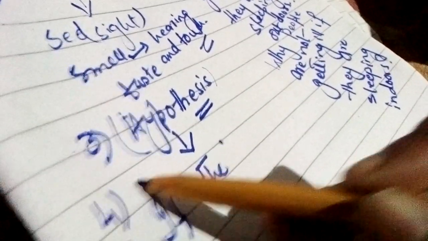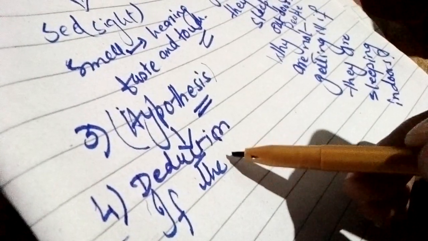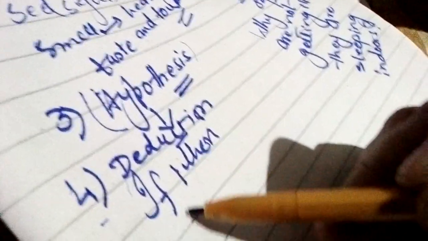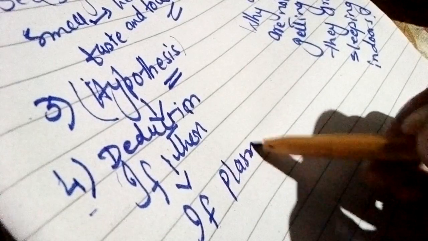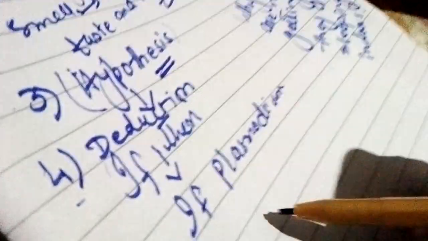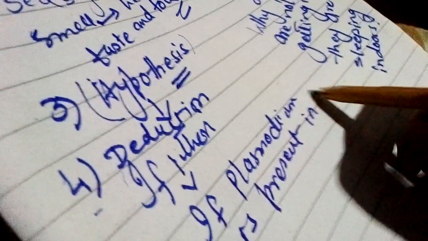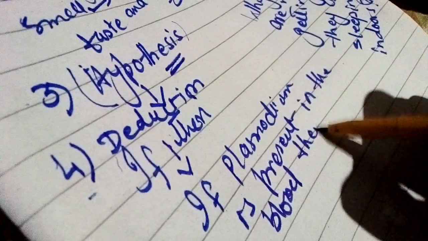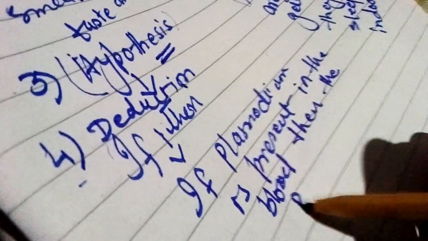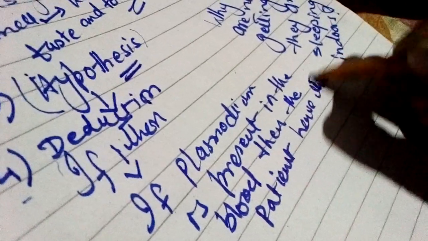Then the next step is deduction. Deduction is basically based on the if and then theory. If the Plasmodium is present in the blood, for example, then the patient has malaria.